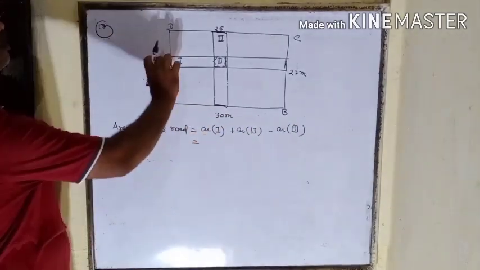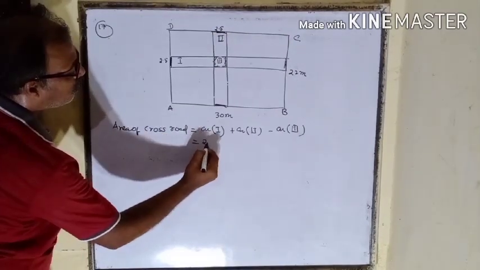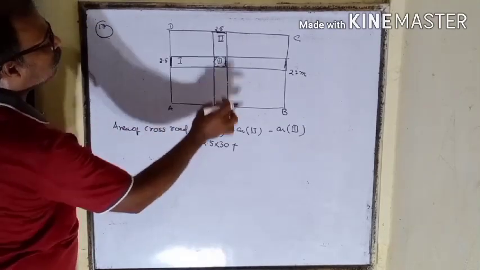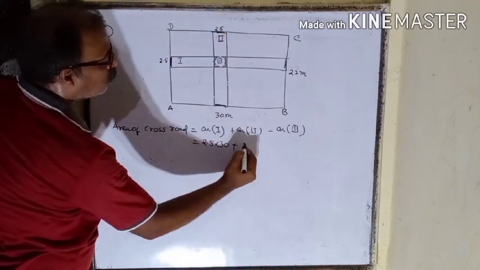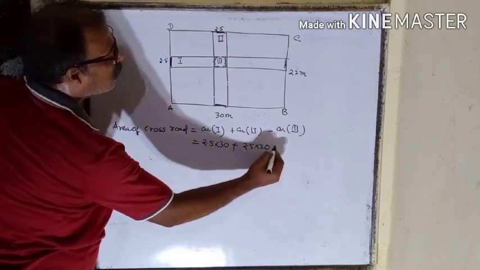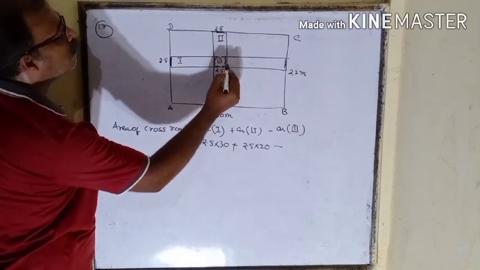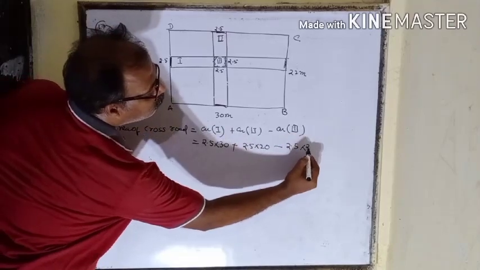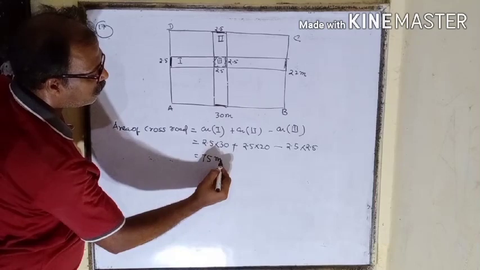So area of crossroad number 1 will be, its width is 2.5, and length is 30. So it will be 2.5 into 30. Area of this crossroad will be, this one is 22, and this is 2.5. So it is 2.5 into 22. And this, since this figure is a square, its length is 2.5 and breadth is also 2.5. So its area will be 2.5 into 2.5. So it will come out as 75 meters square.